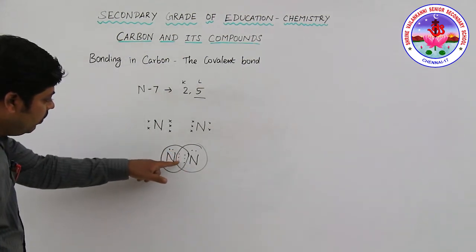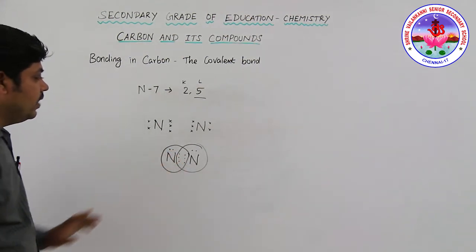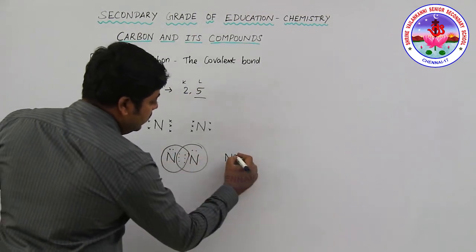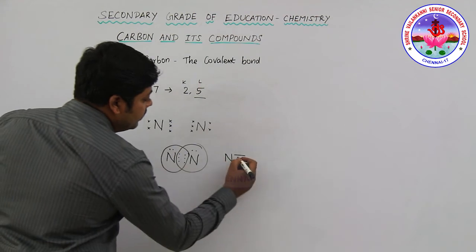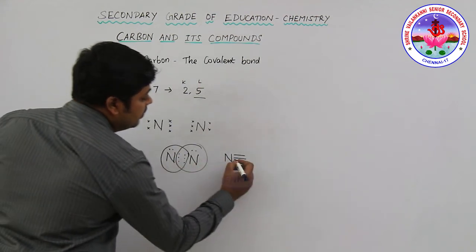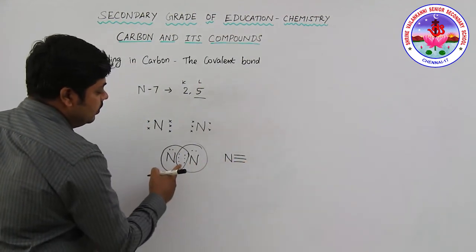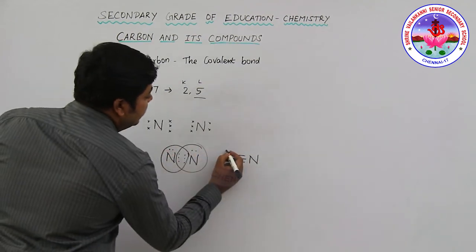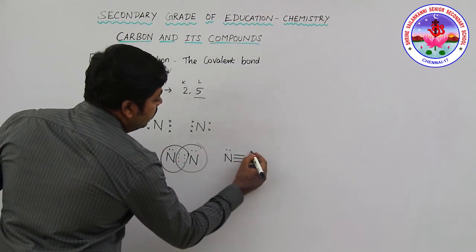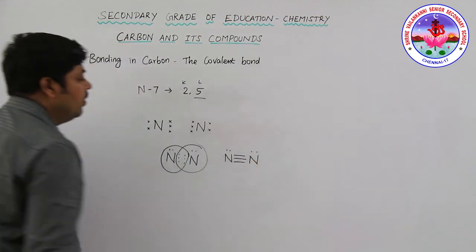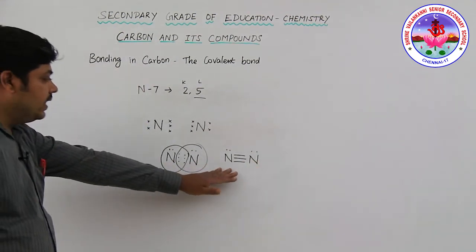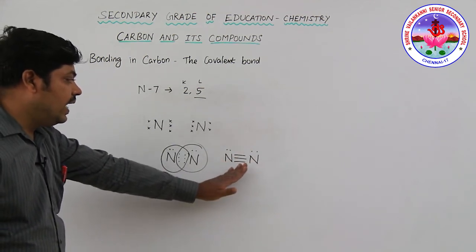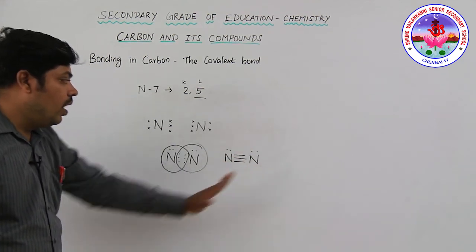Here how many electrons are shared? 6 electrons. So 2 electrons make one bond, the next 2 electrons another bond, then the next 2 electrons another bond. The remaining is the unshared electron pair, also called the lone pair of electrons. So nitrogen usually exists as N triple bond N.